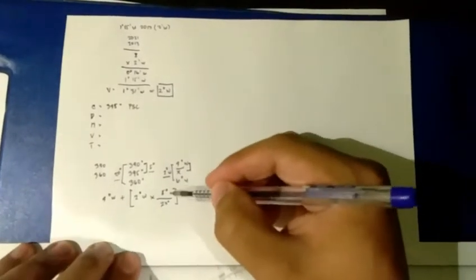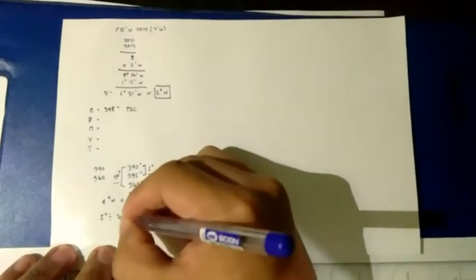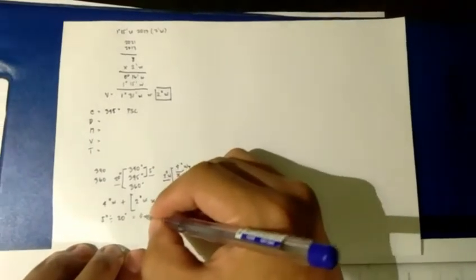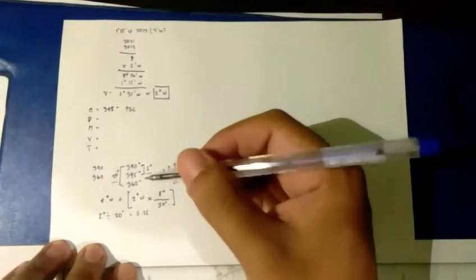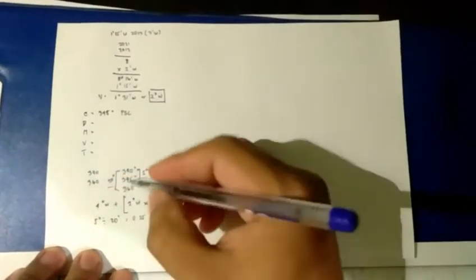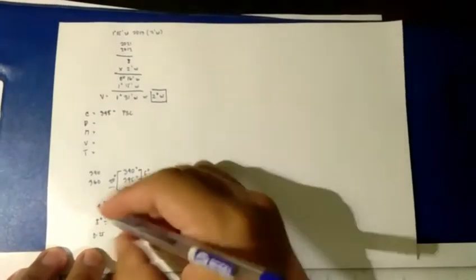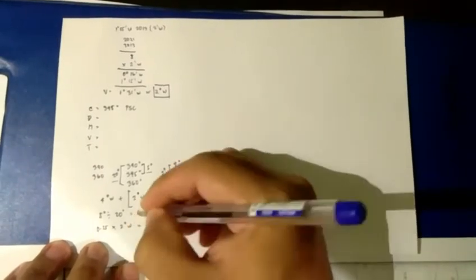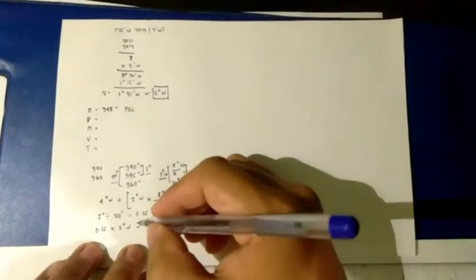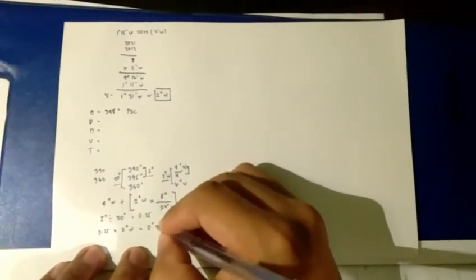So we need to compute this first. 5 degrees divided by 20 degrees is equal to 0.25, and then 0.25 multiplied by 2 degrees west, or 2 degrees, is equal to 0 degrees and 30 minutes.